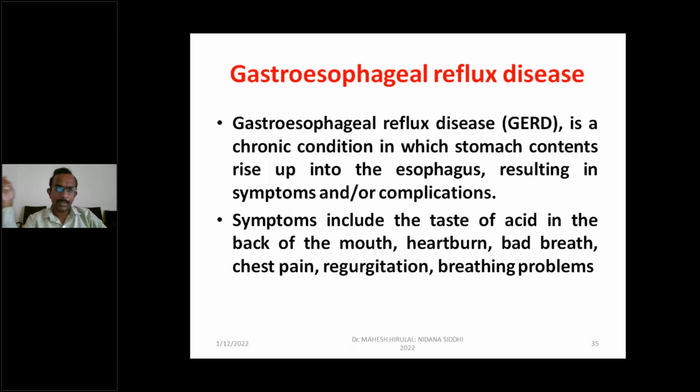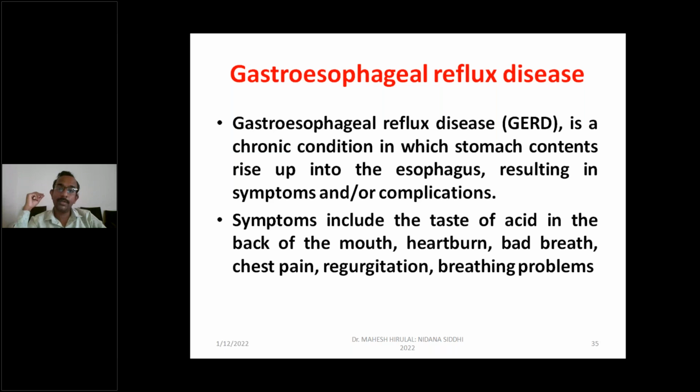From the contemporary understanding, it is gastroesophageal reflux disease. Whatever food we take will go into the stomach, and it will never come out of the stomach to the esophagus. It has to go forward. Even a small drop of water will not come out of the stomach into the esophagus.